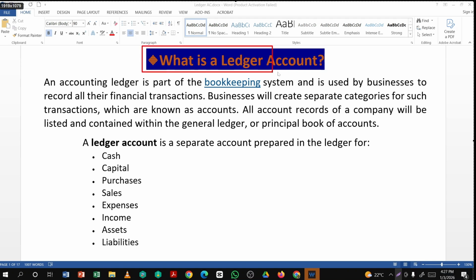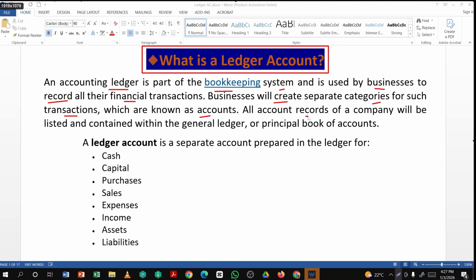What is a ledger account? An accounting ledger is a part of the bookkeeping system and is used by a business to record all its financial transactions. A business will create separate categories for such transactions, which are known as accounts.